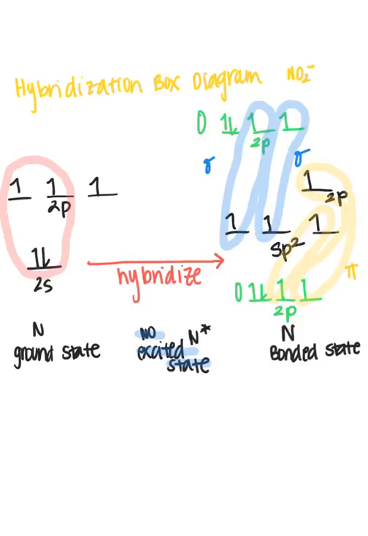So that's gonna be our bonded state for nitrite. And then just to make sure, we look back at this, and we see that here's the sigma bond, and a pi bond.